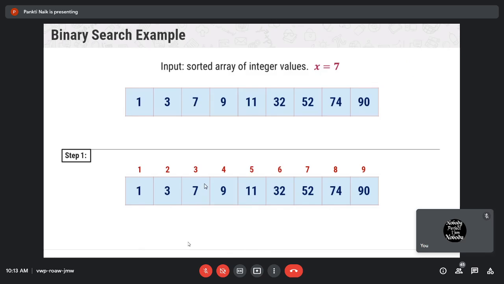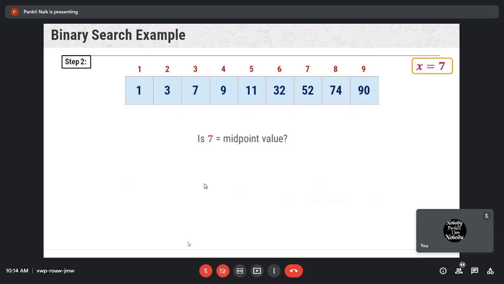First, give an index to your array. Then find the midpoint value. After finding the midpoint value, divide your array into two partitions. Now check if the midpoint value is equal to your key value. No. Then check if the key value is less than the midpoint value.